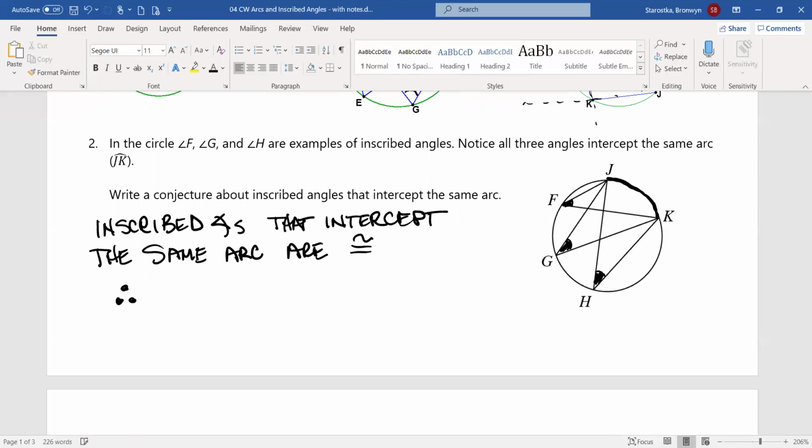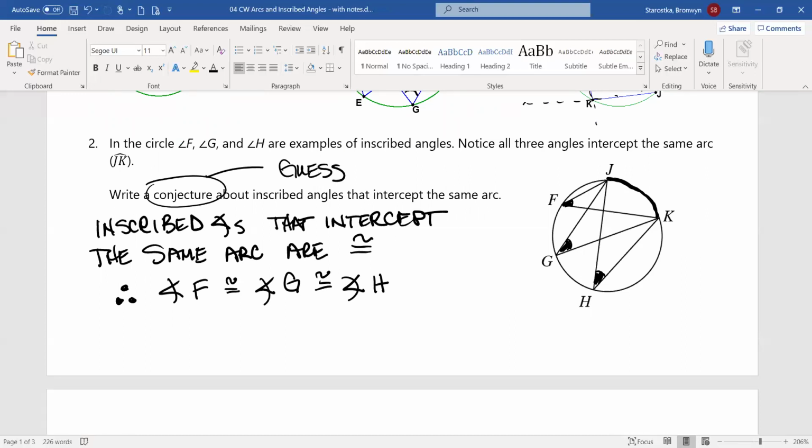Therefore, angle F is congruent to angle G is congruent to angle H. Remember, a conjecture is a guess. We're making an educated guess based off of patterns. So if we have inscribed angles that intercept the same arc, then those angles are congruent.